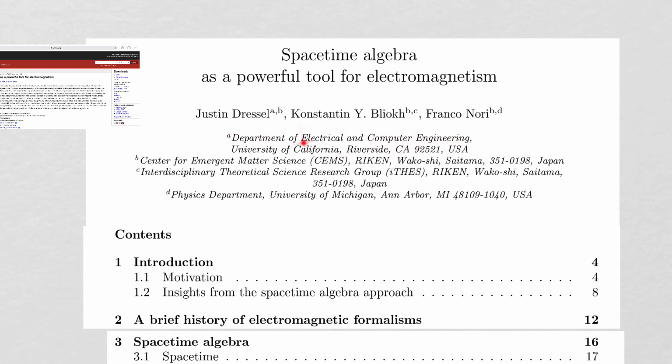Electrical and Computer Engineering at California Riverside, Emergent Matter Science, that's really interesting, in Saitama, Japan, Interdisciplinary Theoretical Science Research Group, Wakoshi, Saitama, Japan, and Ann Arbor, Michigan, the University of Michigan. So we have a nice mix of very qualified people, I'm sure.